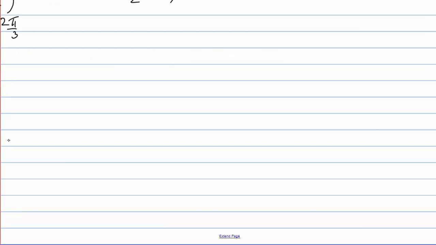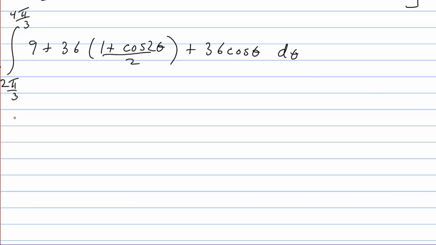Okay, so let's go ahead and integrate this with respect to theta. So we'd get 9 theta. We'd have a 36 over 2, which is 18, and that integrates to 18 theta. There'd be a 36 over 2 times cosine of 2 theta, so that would be 18.